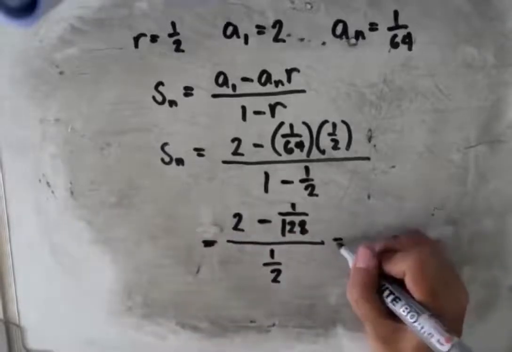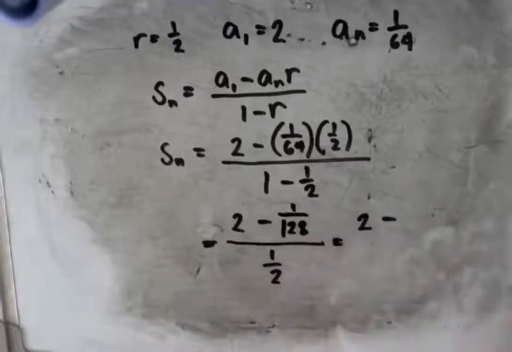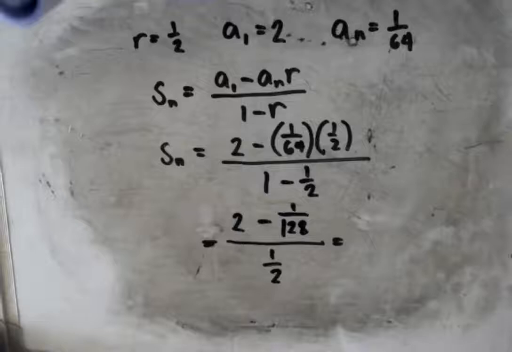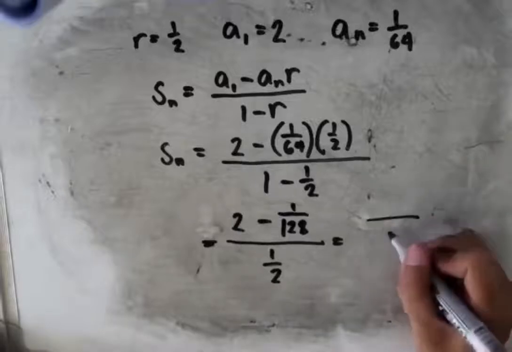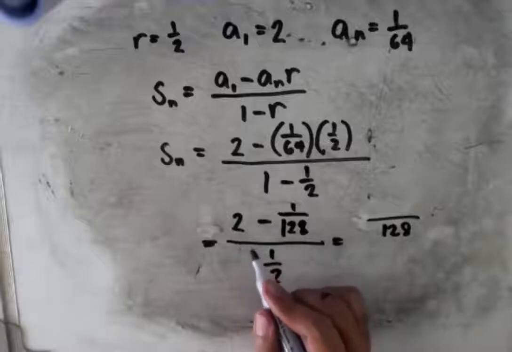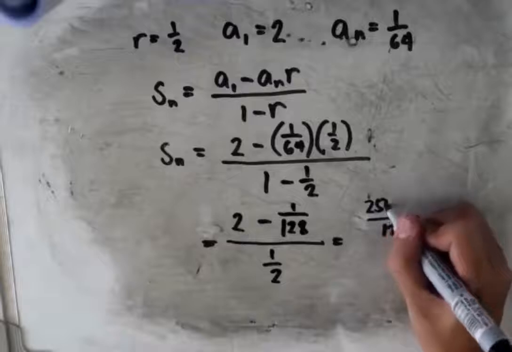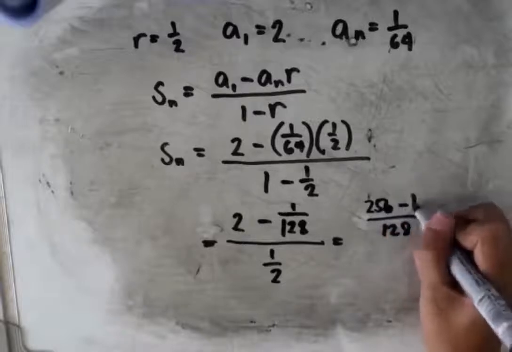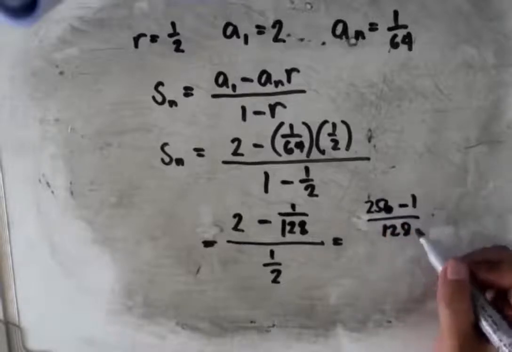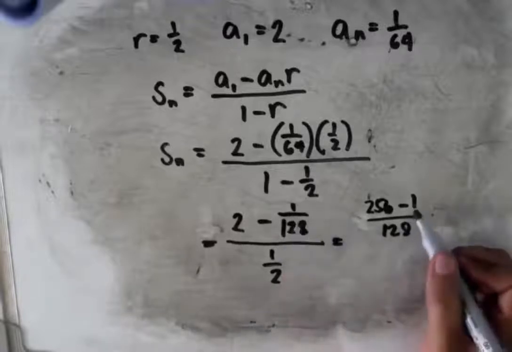Ayan. So, we have here 2 minus 1/128. So, ano yung LCD? That is 128. So, 128 divided by 1, kasi may 1 na denominator. Yung 2 is 128 times 2, that's 256. Minus 1, dahil 128 divided by 128 is 1, times 1, that is 1.